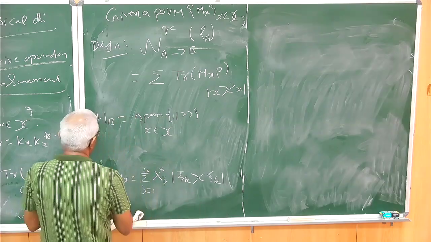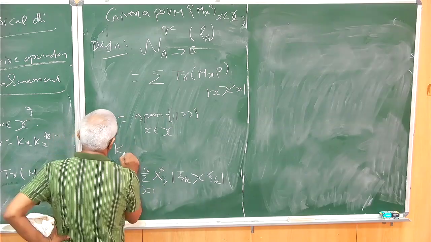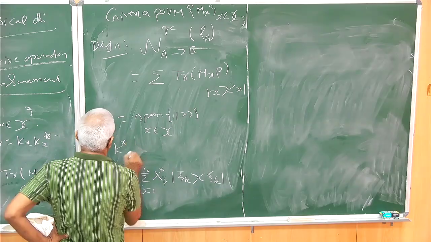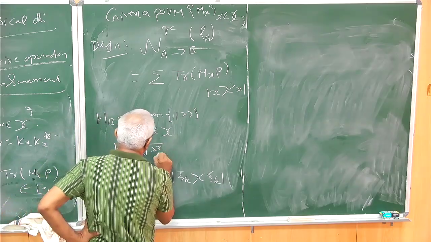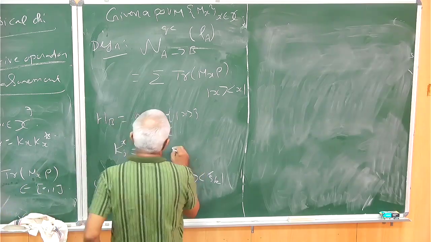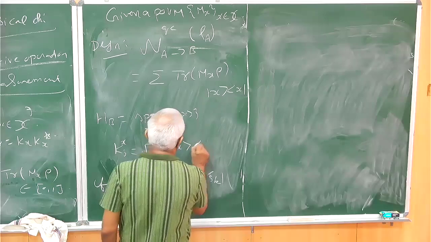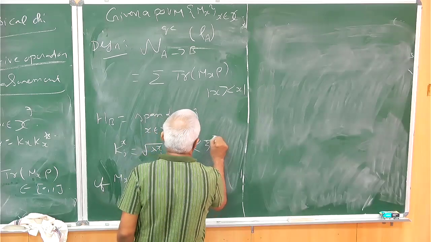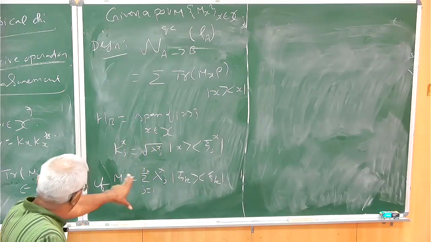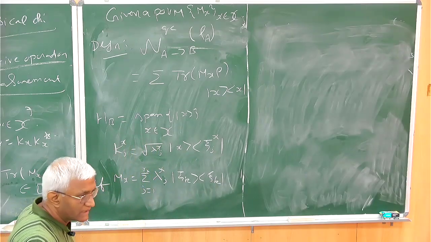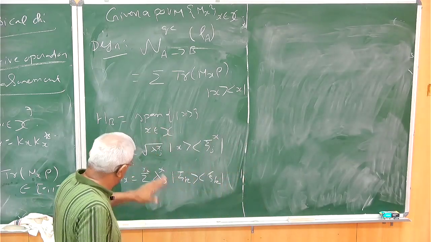Then we want to define the K_xj. We have to take the square root of lambda_xj, and this is an easy guess. We have to get the |x> here, and obviously this is what we should have, |x><x_j|. These are also rank 1 operators, the Kraus operators. Okay, this is K_xj. Now we have to verify.